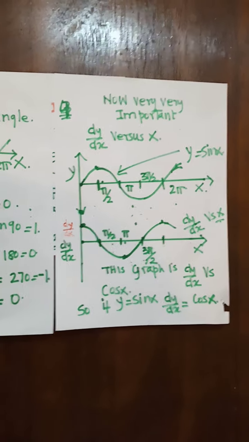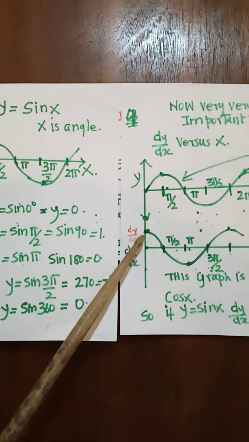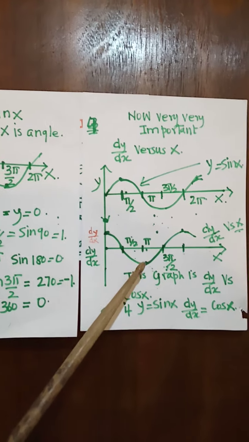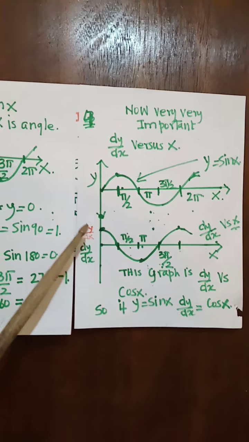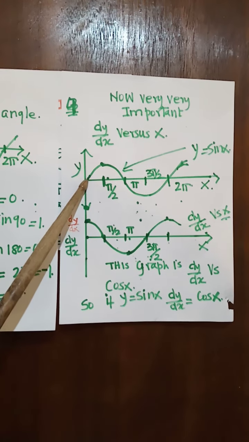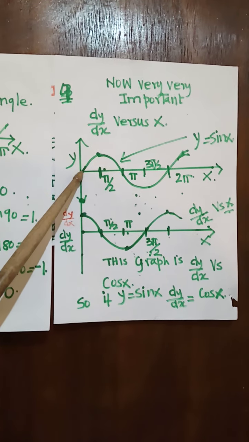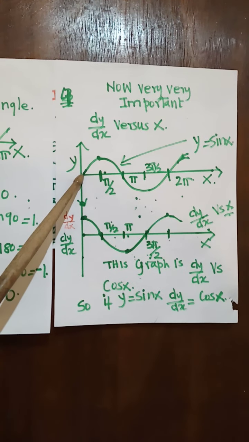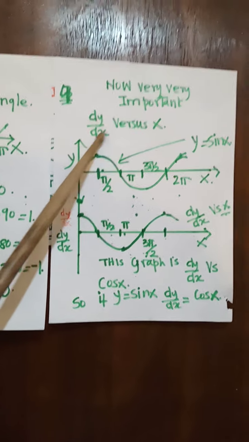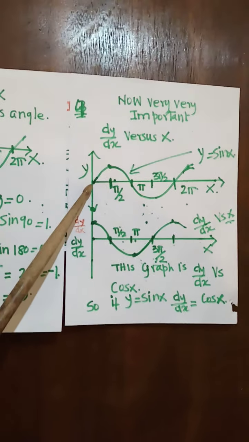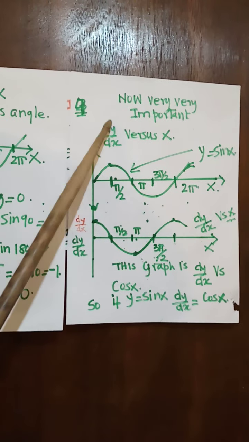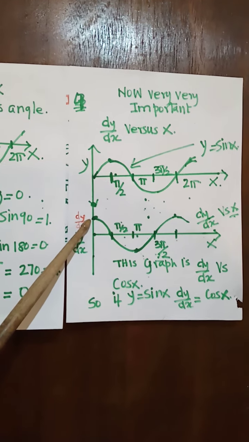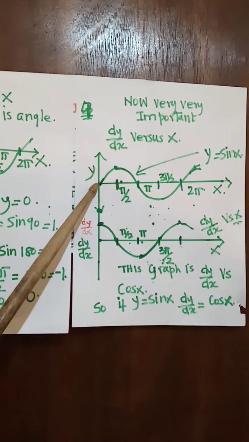What about dy/dx versus x? Now, dy/dx at 0: do you know what? dy/dx at 0 is maximum. See, the tangent is very sharp here, so dy/dx is maximum here.